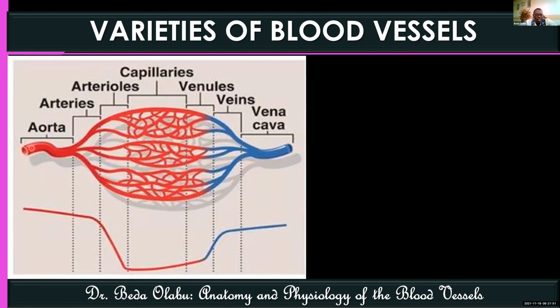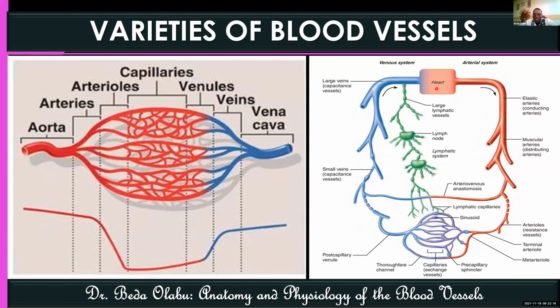This also shows us that from the arteries, we have arterioles, then capillaries, which are the exchange units. So you can see for capillaries, we have the arterial end of the capillary and the venous end of the capillary. These are the exchange units. Then thereafter, you have the veins joining back to the heart.